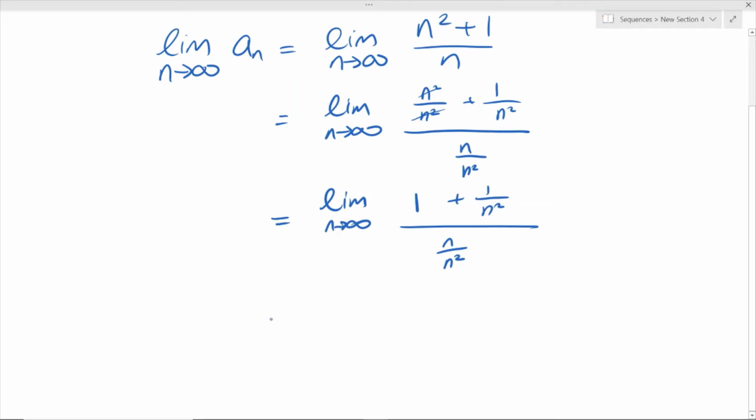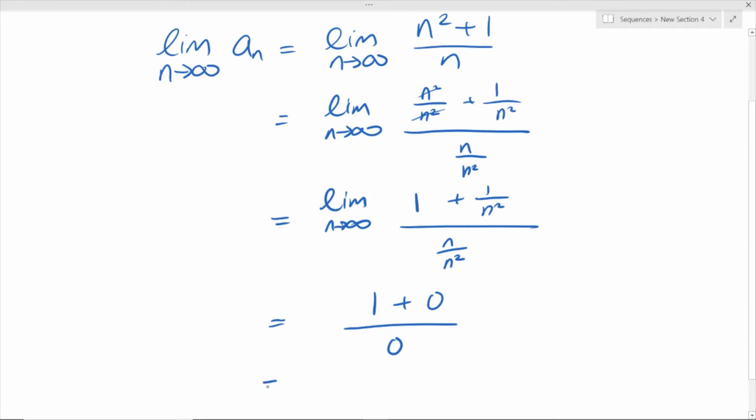That number right here is going to go to 0. So 1 plus 0. And then here, n over n squared. n squared is bigger than n, so it's going to go to infinity faster than n. So this is going to approach 0.